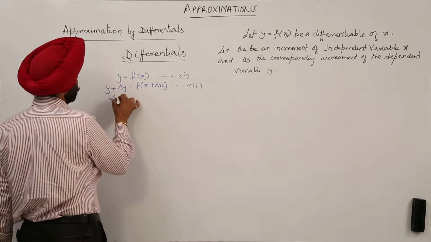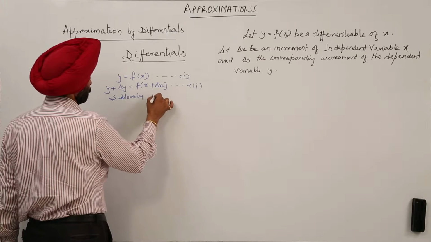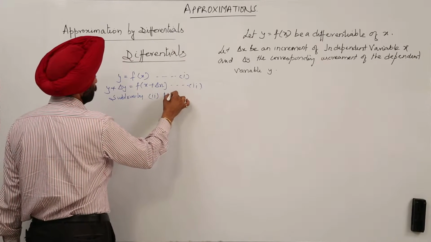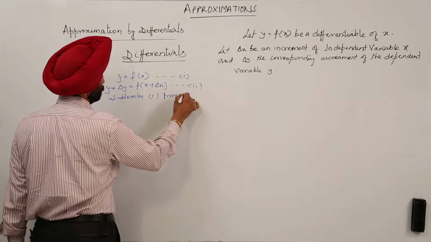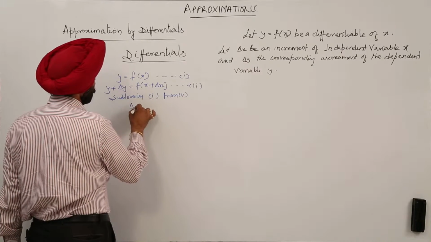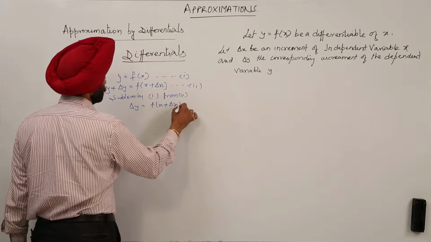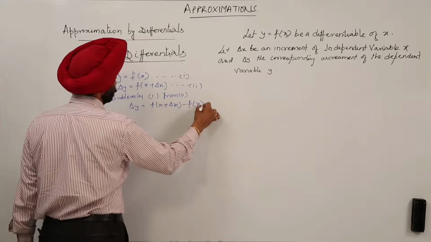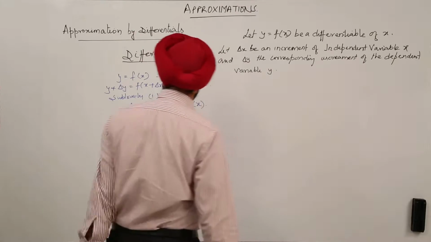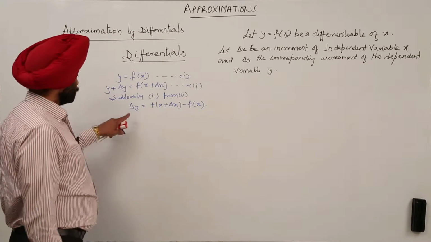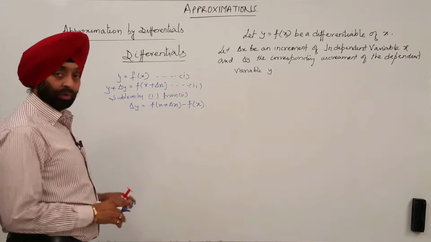Now subtracting 1 from 2, we have delta y is equal to f(x plus delta x) minus f(x). This you have already done in the first principle.